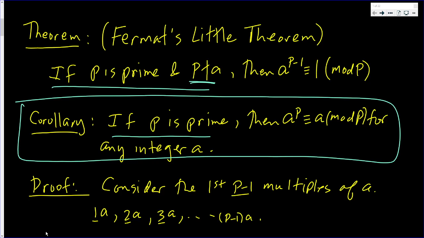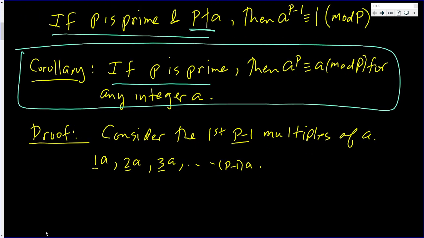Now, I claim that none of these two are congruent to one another mod P. Now, you can have only up to P minus 1 elements that are not congruent in mod P. You can only have up to P minus 1.